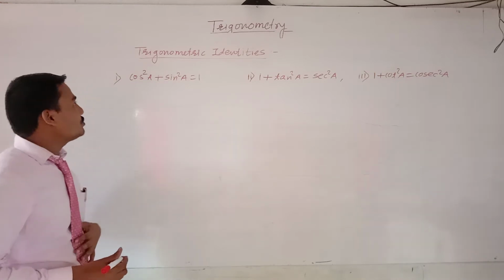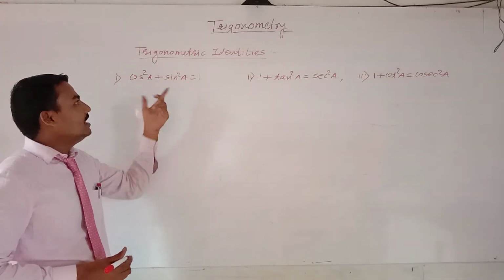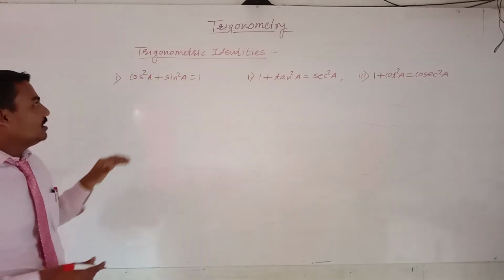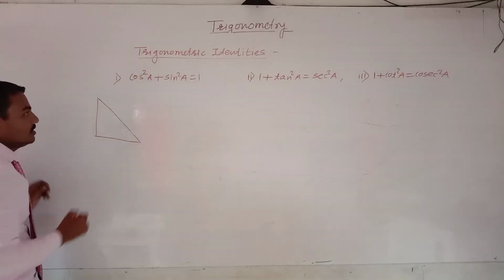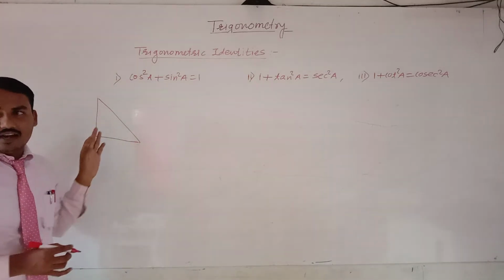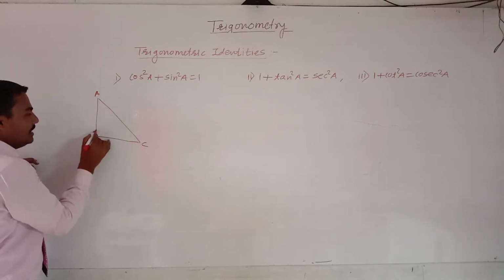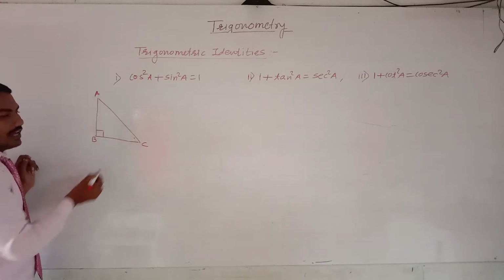Okay, now first we have to see the proof of these trigonometric identities, how these identities came. First, the proof of the first identity. Suppose one right angle triangle is there, ABC. It is right angled at B, and these two are the acute angles.